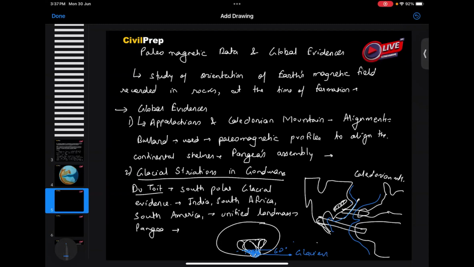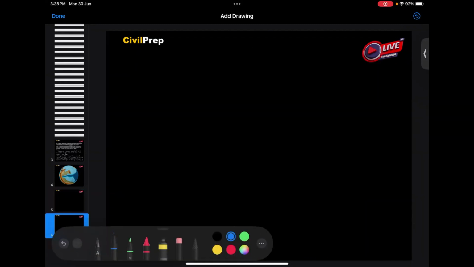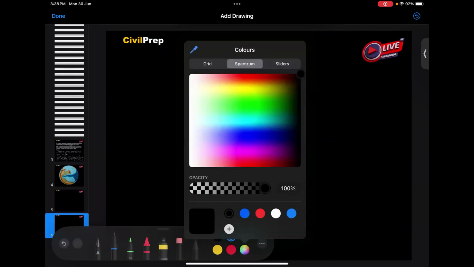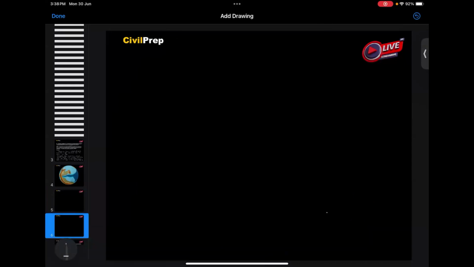So this was one of the evidence which was provided by Du Toit. Okay. Now, in the next part, we'll be seeing the third evidence, that is the basalt magmatism on mid-Atlantic ridges.